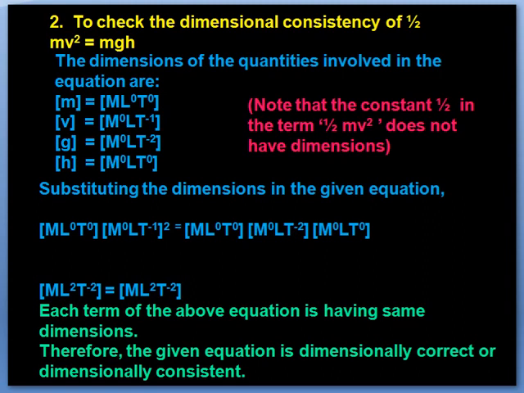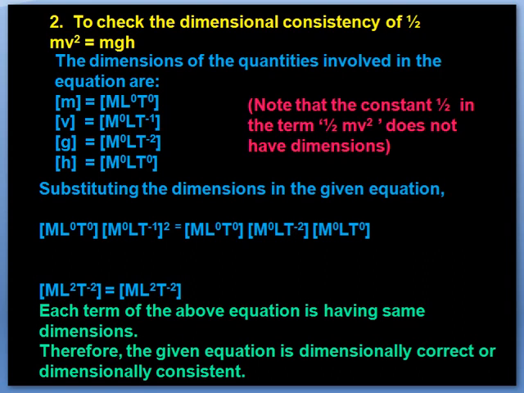When we substitute the dimensions of both sides, you have to note that the constant half in the term half mv square does not have dimension. Substituting the dimensions in the given equation, we get ML square T^-2 is equal to ML square T^-2.